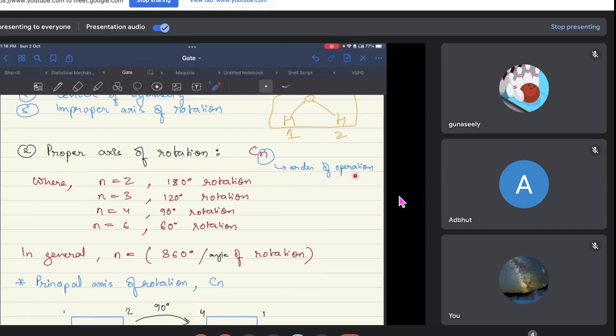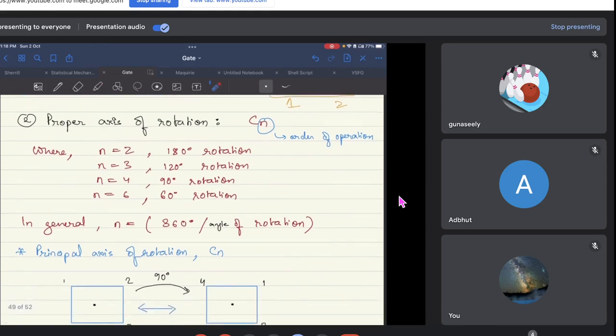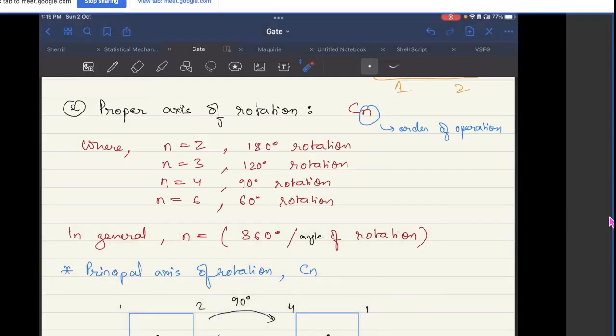The order of operation n is like 2, 3, 4, 6. If I am doing a 180 degree rotation of the molecule through an axis, then n is equal to 2, so the order of the operation is 2.